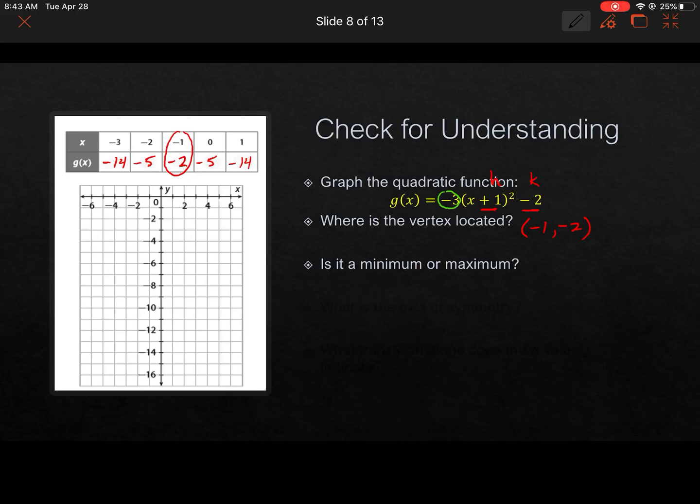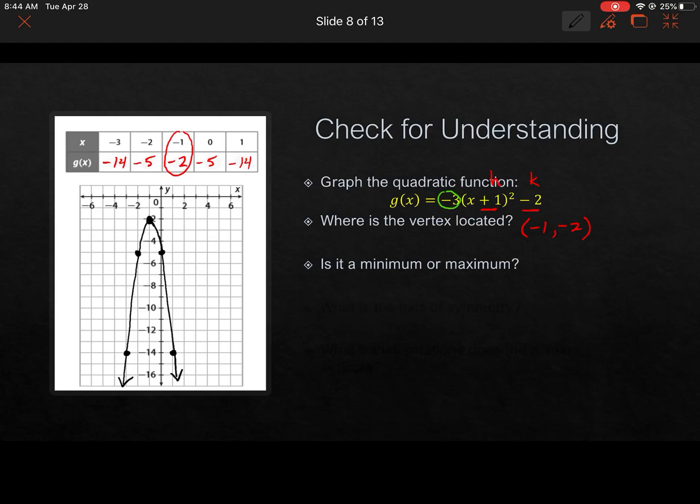So -1, -2 is my vertex, 0, -5, 1, -14, and then the mirror points would be -2, -5, and -3, -14. So let's see if I can sketch this real quick.